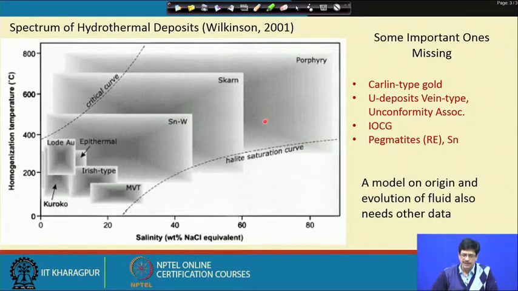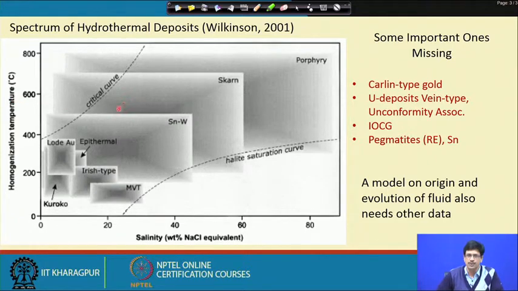So essentially these kinds of diagrams will always pertain to the characteristics of the aqueous fluid, because we should also keep in mind that we are plotting the homogenization temperature versus salinity. At the most, these diagrams can have the data from the aqueous biphase inclusions, from where we determine the salinity from the depression in freezing point of ice and the temperature of homogenization.